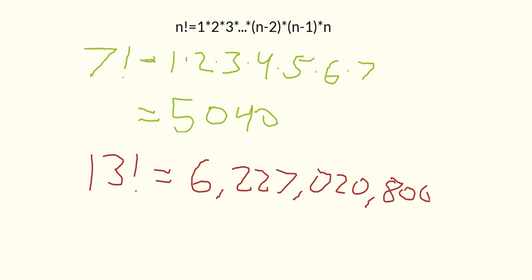But, fortunately for us, more often than not, we see factorials in rational expressions rather than on their own. In rational expressions, a lot of these factors of the factorials, the individual integers that are being multiplied together, will cancel out, which makes the numbers a lot smaller than what we're dealing with whenever we see 13 factorial.